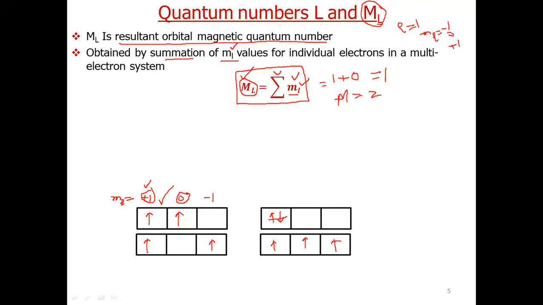For the first electron, small ml is plus 1. For the second electron it is minus 1. So it is 1 minus 1 equal to 0. So for this system, capital ML is 0.